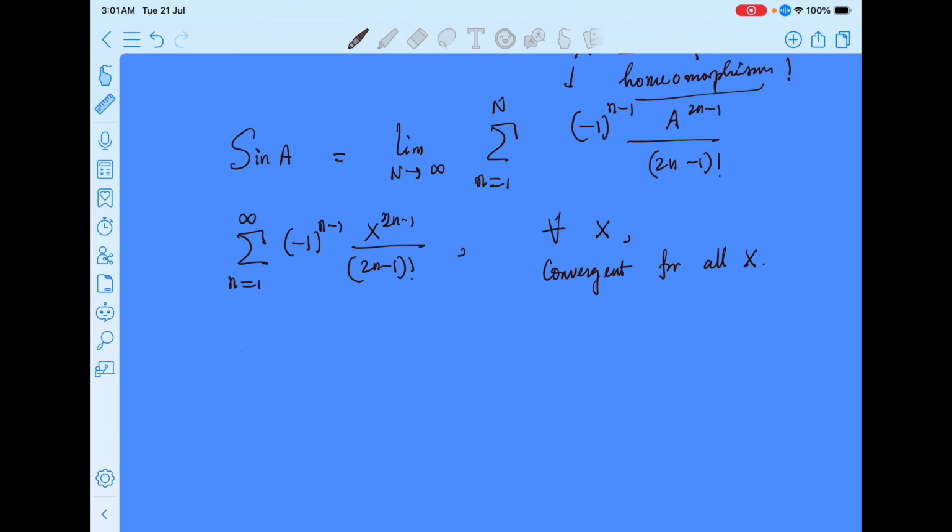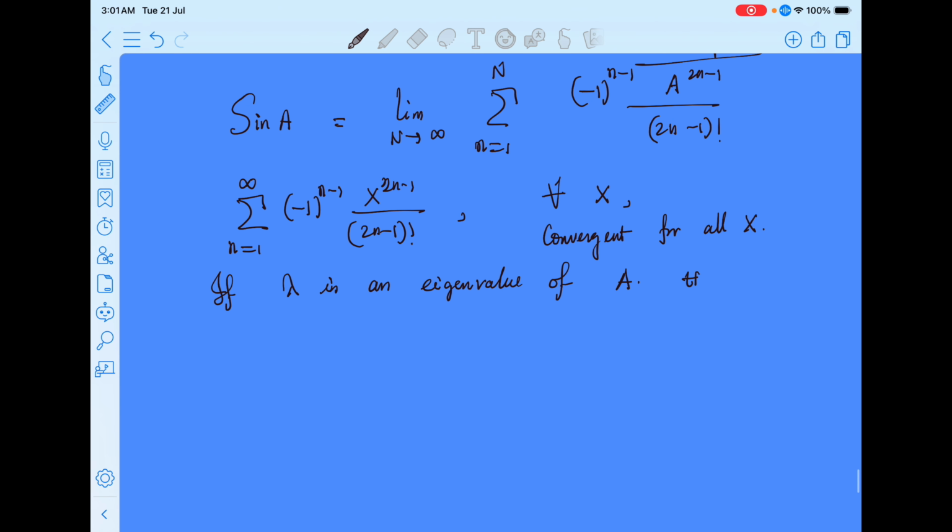So if lambda is an eigenvalue of A, then what we have is that sin lambda is an eigenvalue of sin A. Why?